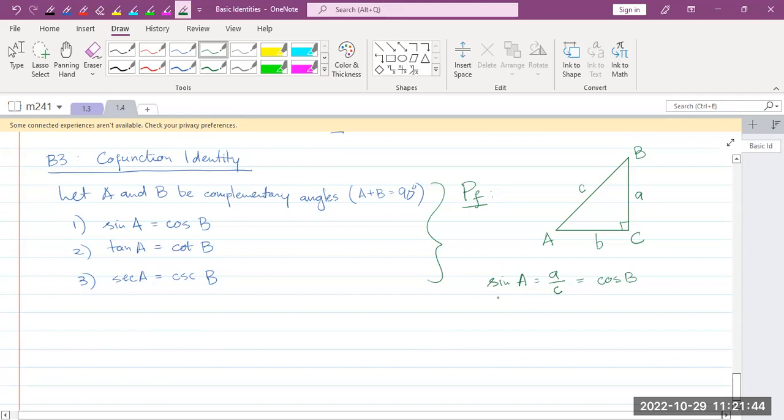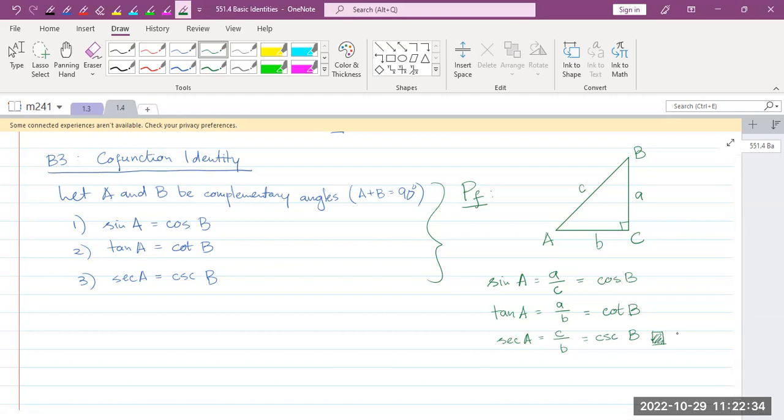Because A and B are complementary, you can put them on the non-right angles of a right triangle. Tangent A is a over b, but notice that a over b is actually cotangent B. Secant A is c over b, which is cosecant of angle B. Okay, therefore we prove that identity. Now, even though I just used a right triangle, these identities are extended and still well maintained, even if we use the first definition, the one in the coordinate system.